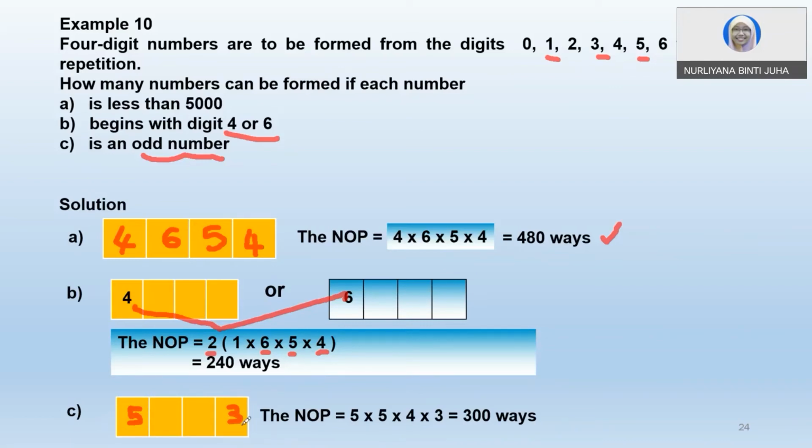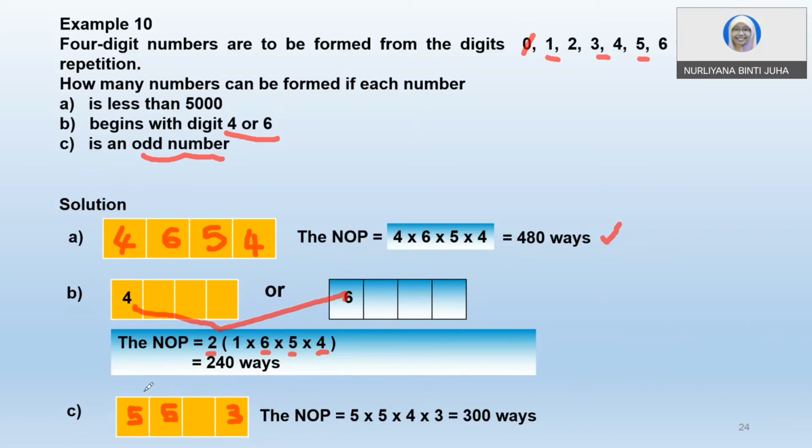Sebab sini dah ambil 1. Mesti you akan fikir, oh ada 6 lagi yang tinggal. Yes, betul ada 6. But we cannot start the numbers with 0, right? We cannot start with 0. So 6 minus 1, you get 5. And then you have lagi 5 numbers.